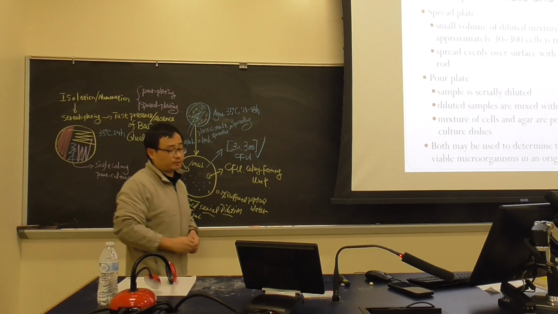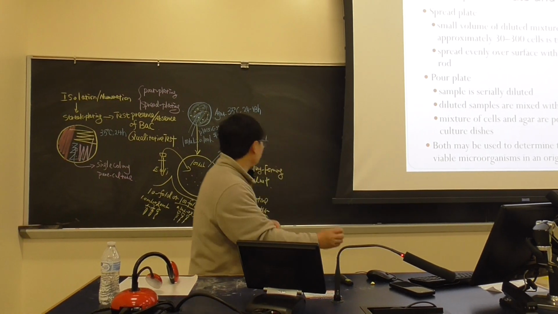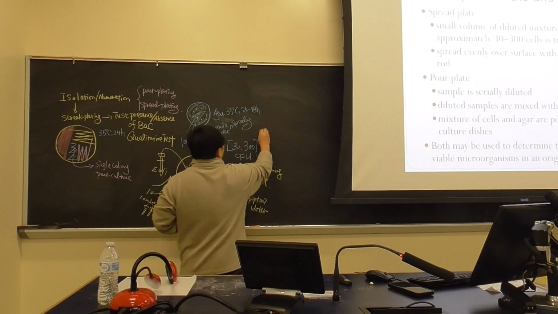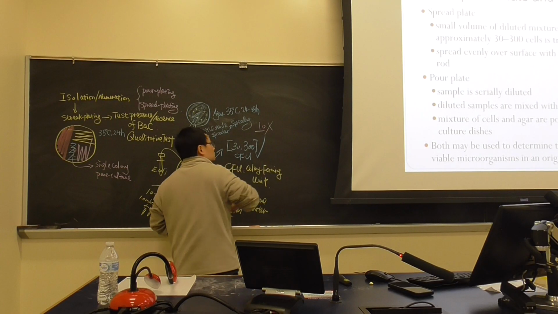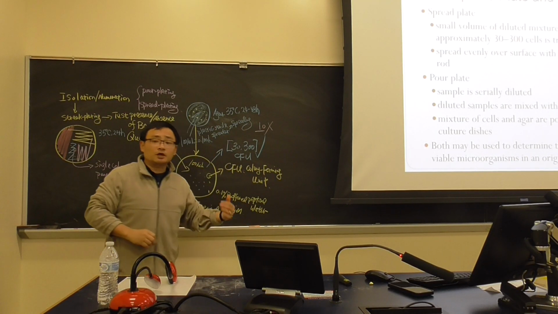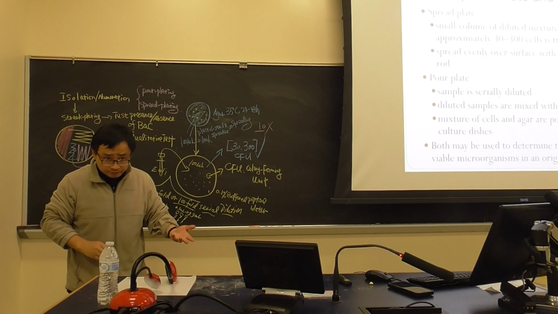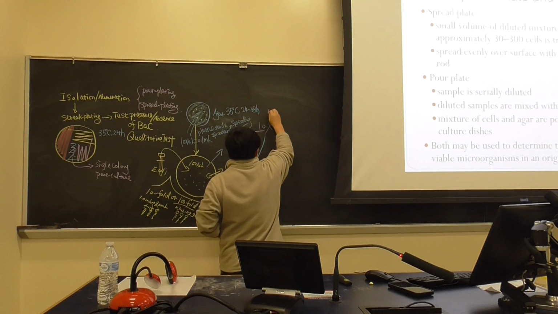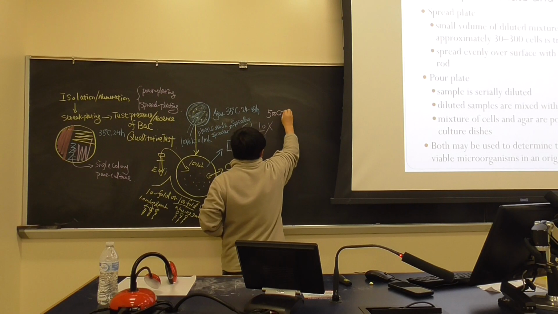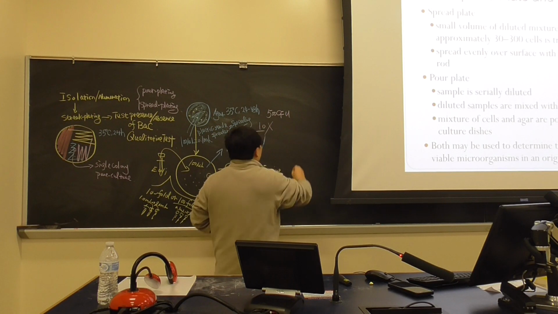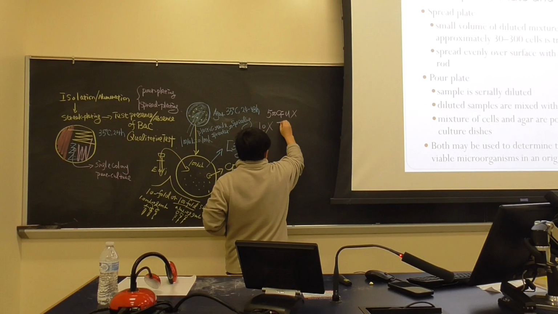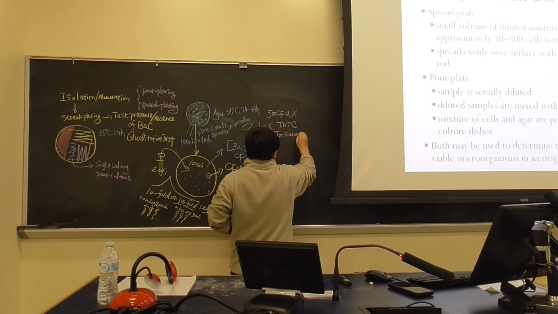We say it's acceptable. How about if you only have 10 colonies there? We don't use that, because those 10 colonies could come from cross-contamination. If we have a plate with 500 CFUs, are we going to use it? Of course not. We call it TNTC, too numerous to count.